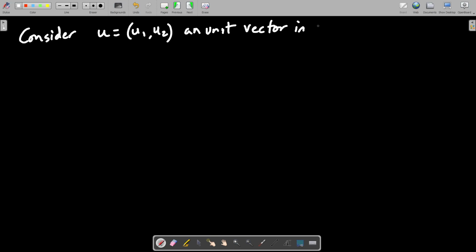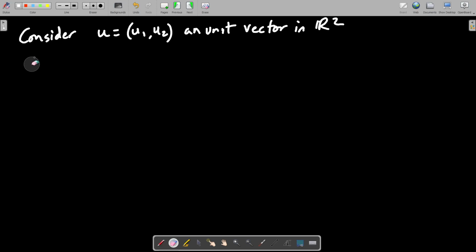So consider u equal to u1 u2, a unit vector in R2.